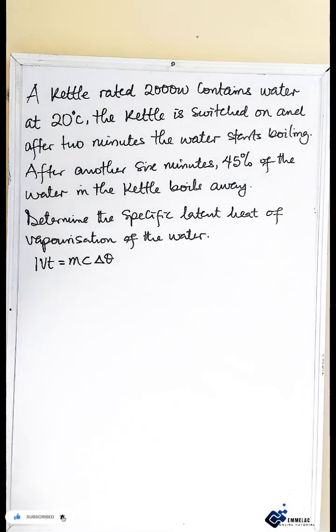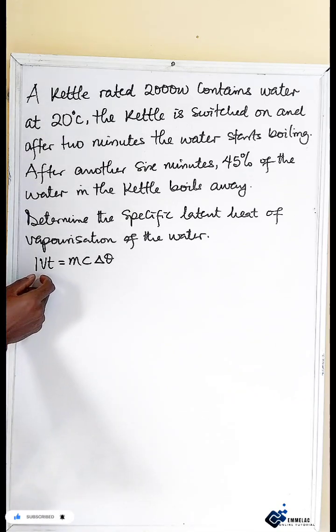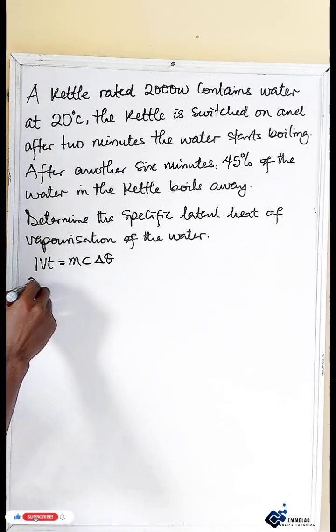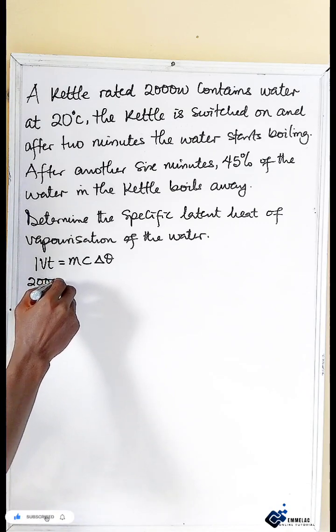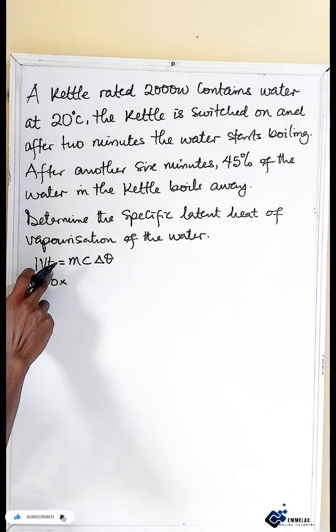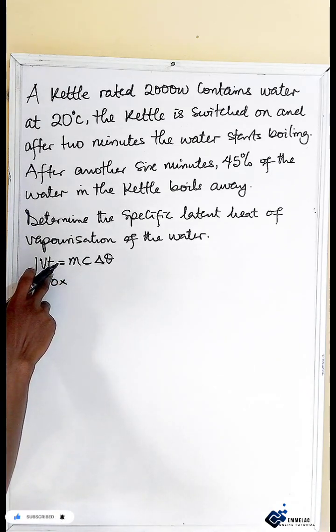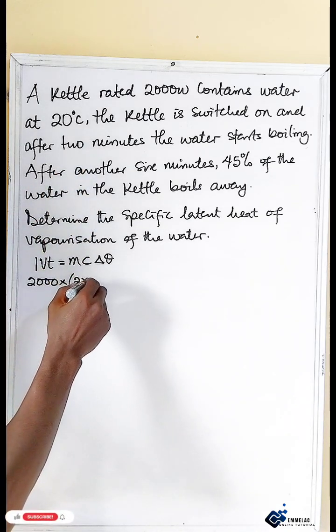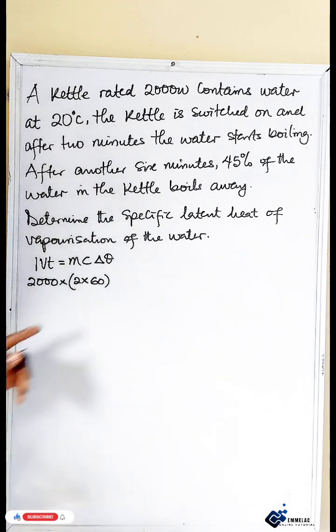Now we are told that the power rating of the kettle is 2000 watts, and IV here implies the power rating. So here we have 2000 times the time, which before it starts boiling is 2 minutes, that will be 2 times 60. We are multiplying by 60 because we need to convert to seconds.